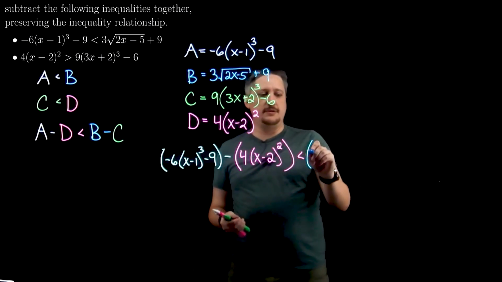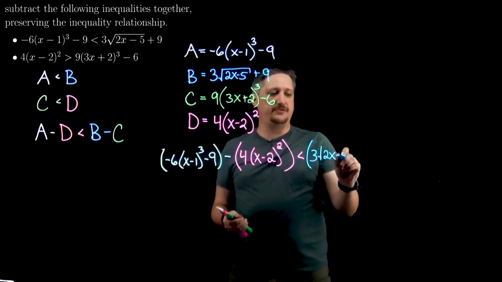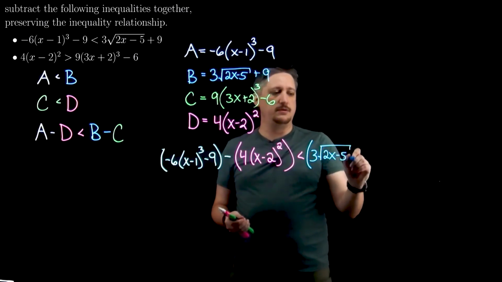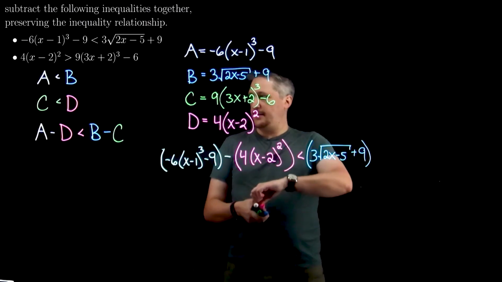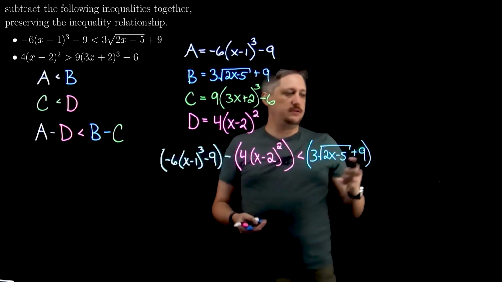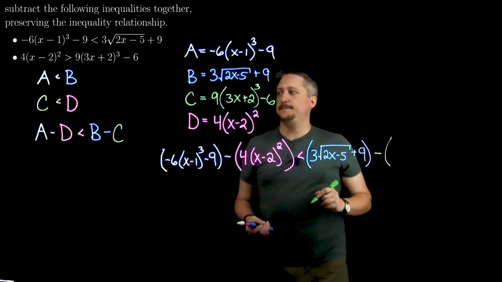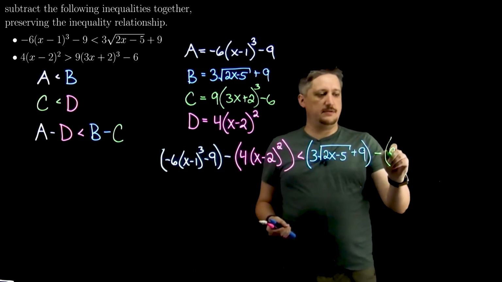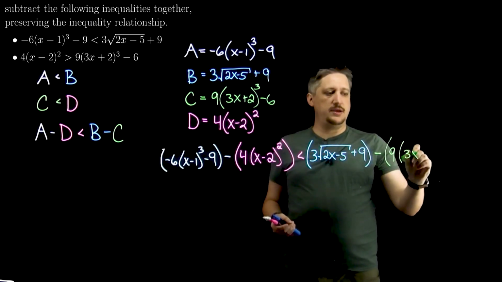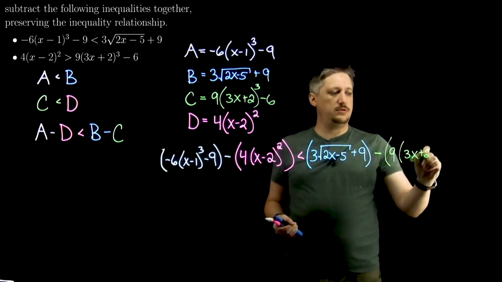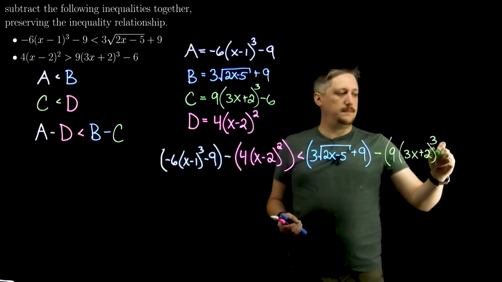So that is 3 times square root of 2x minus 5 plus 9. And then I'm going to subtract off C. C is 9 times 3x plus 2 cubed minus 6.